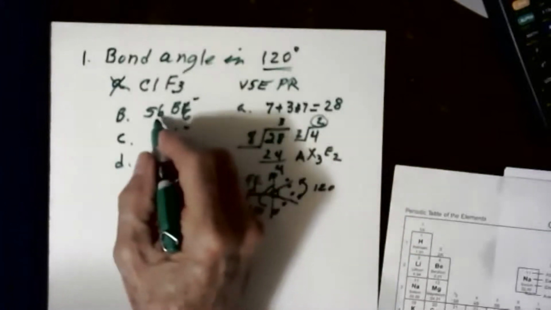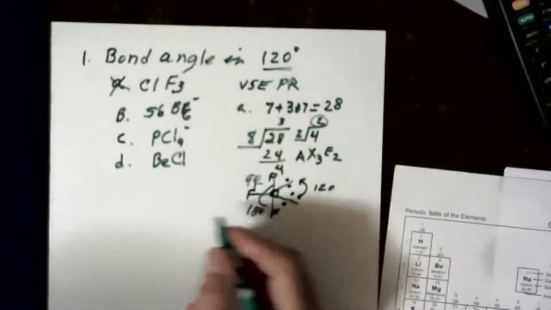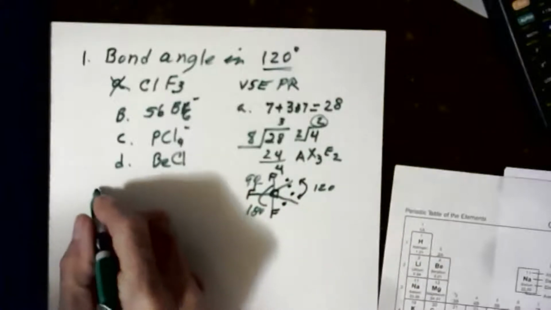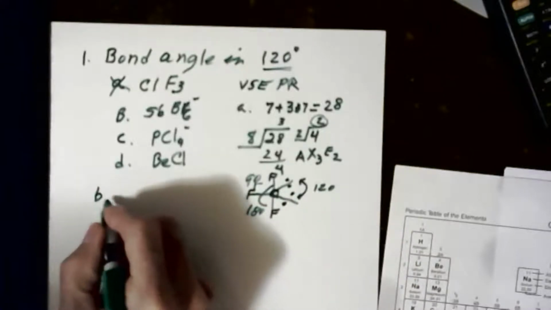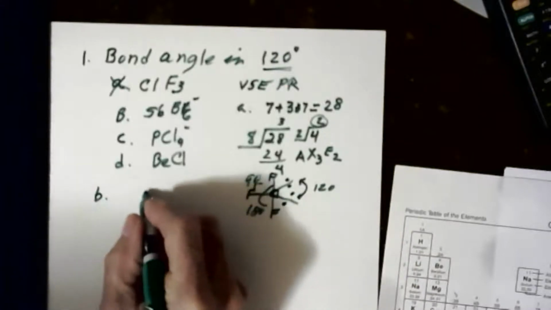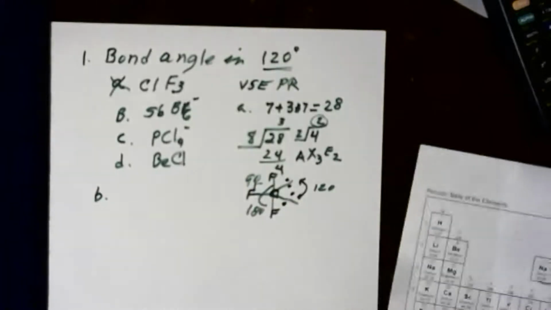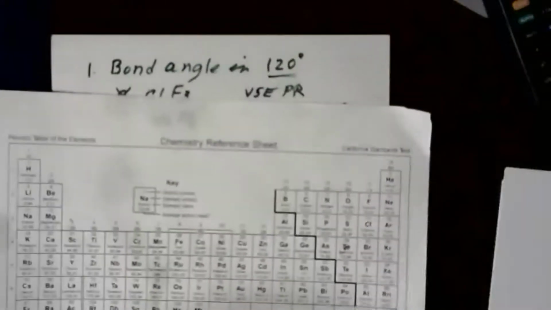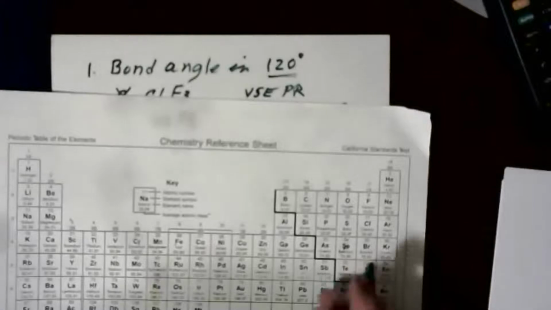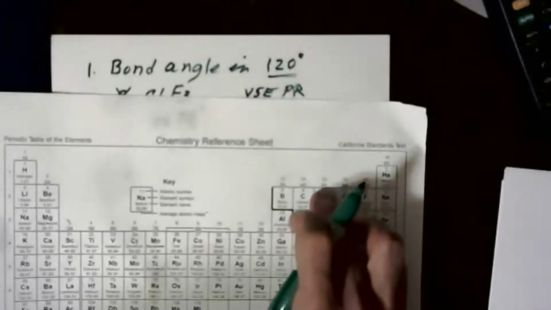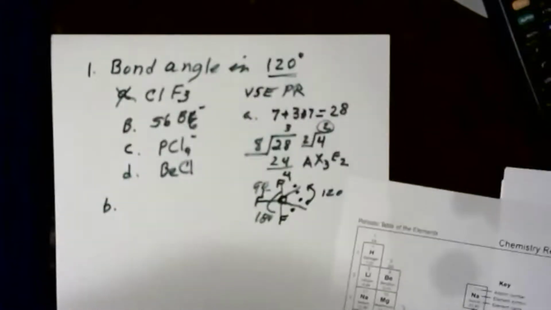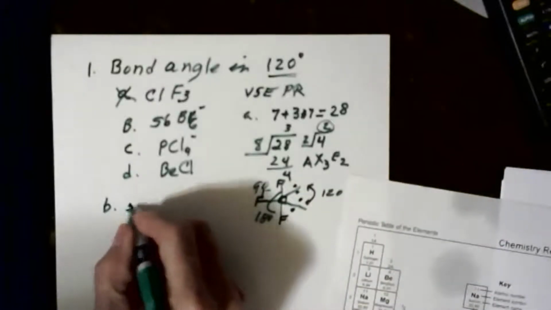Now if I'm doing antimony hexabromide, let's go down over here and I'll do B. Antimony is right here on the periodic chart in group 5, so antimony has 5 valence electrons.